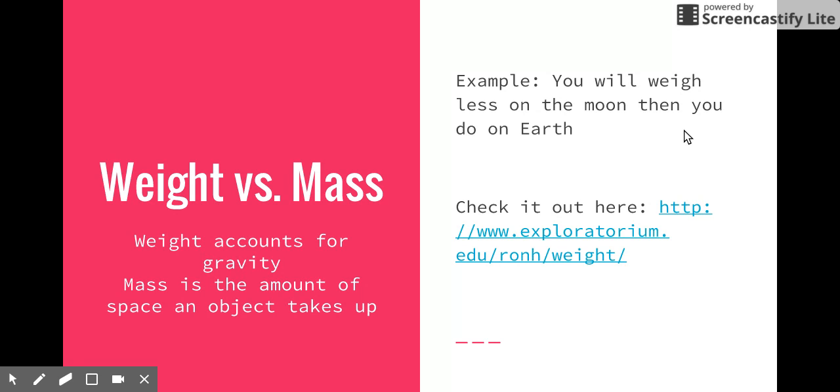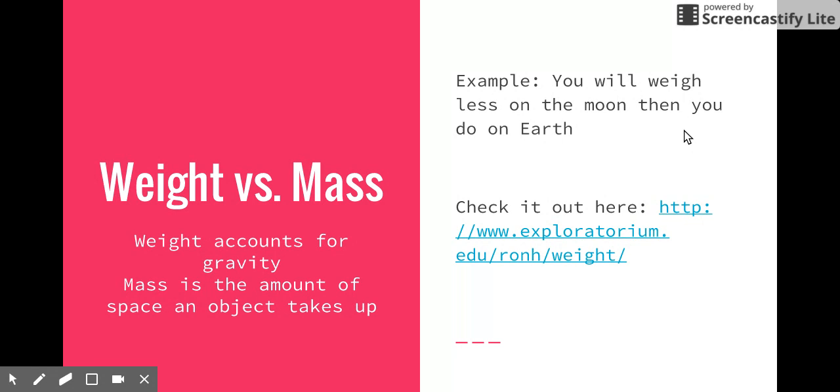Weight does account for gravity, right? I think most of us can accept that we would weigh differently on Earth than we would, say, the moon, right? Whereas the mass of an object is the amount of space it takes up. I don't take up a different amount of space on the moon compared to the amount of space I would take up on Earth, right? So I think you can see, using that explanation, that they are different things.